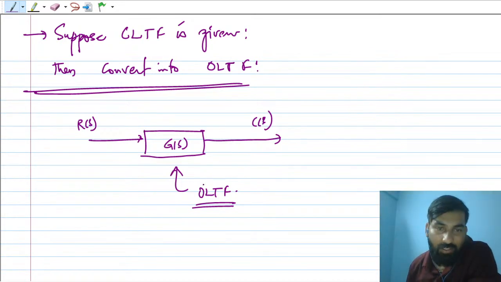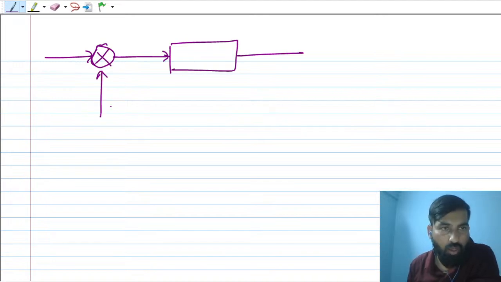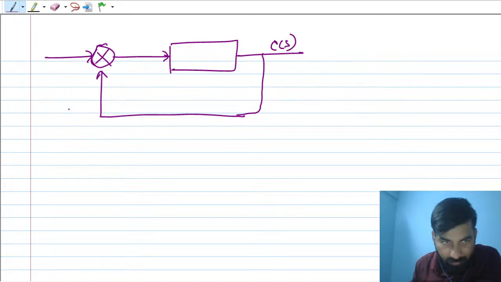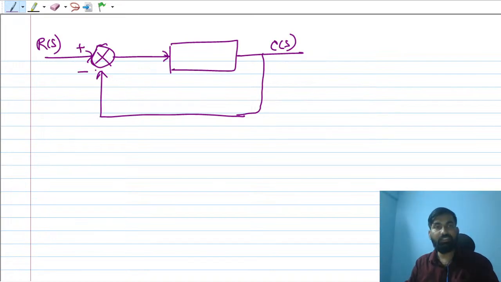Understood. So this is the open loop transfer function. Now you can connect it like this. This is basically the summary here. Now unity feedback we are taking: we are directly taking part of the output C(S) and directly feeding it to the input R(S), with plus and minus at the summing point, and this is the negative feedback.